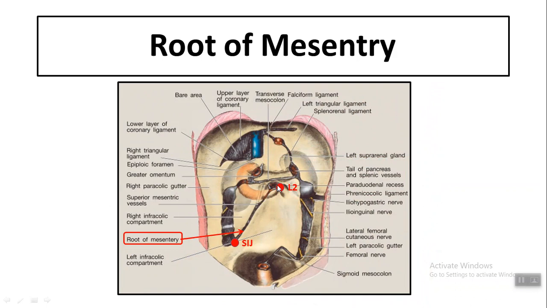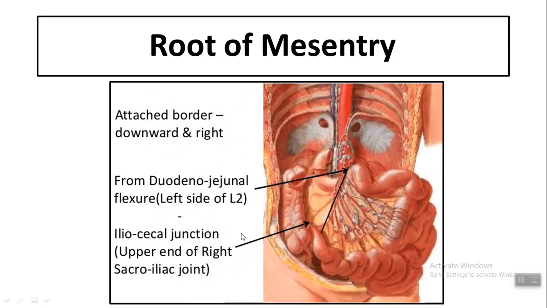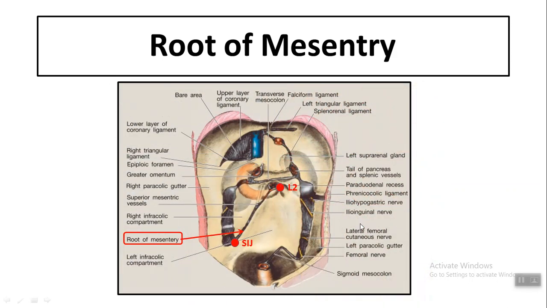So the root of the mesentery runs from the duodenojejunal junction, from the left side of L2, downward and to the right across the midline to the right sacroiliac joint. Through the root of the mesentery, different blood vessels, lymphatics and nerves will pass to supply the intestine.